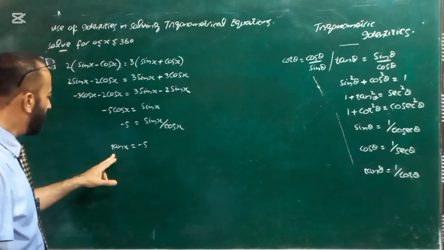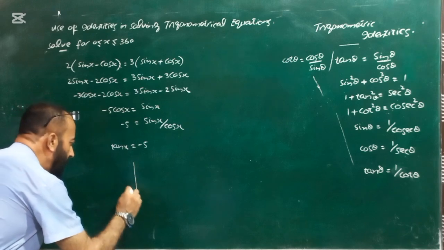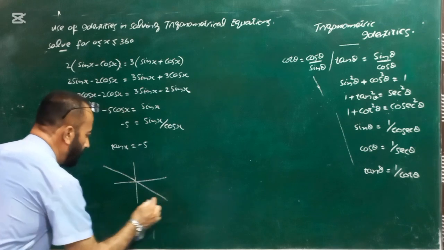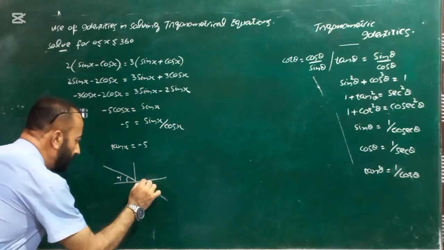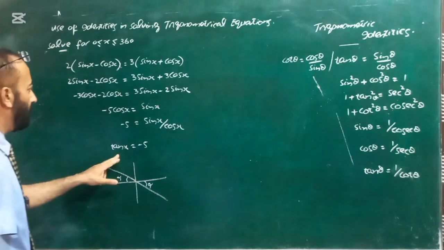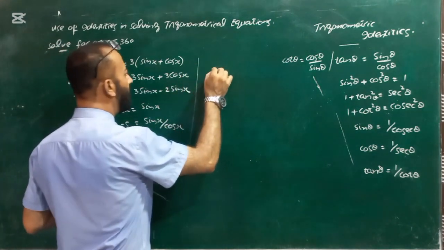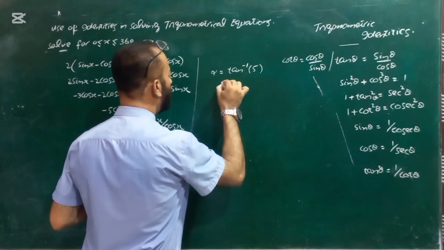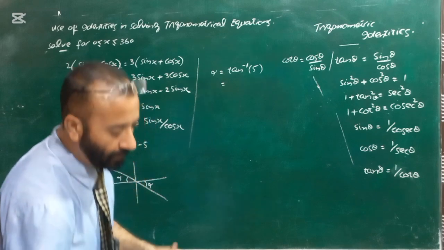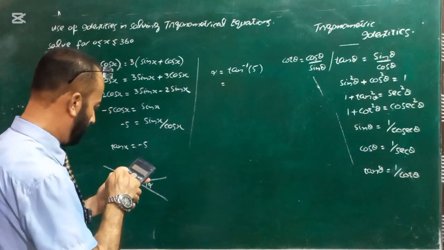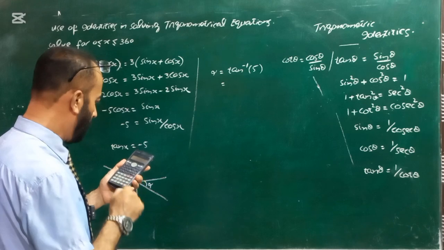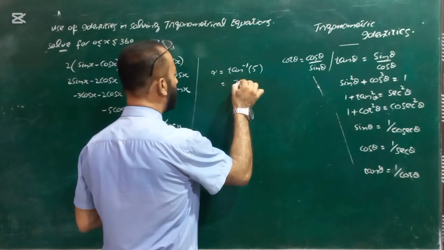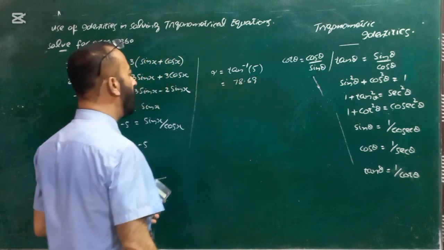So proceeding further, tan is negative, and tan is negative in second and fourth quadrant. So here will be alpha. Okay, from here, alpha will be equal to tan inverse 5. So tan inverse 5 will be equal to 78.69. Okay.